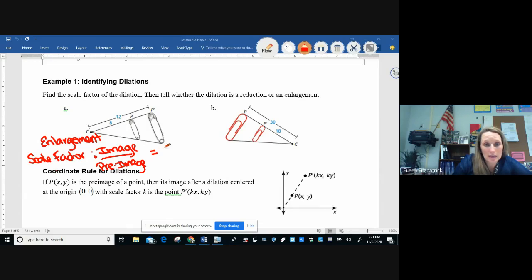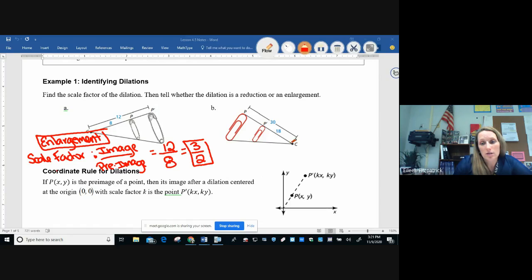That distance is 8. Oh, sorry. That's not my image. The distance from the center to the image, the P prime, excuse me, is my image. So that's 12. And the pre-image, the original, the distance from the center to the pre-image is 8. And we'll simplify our scale factor to get 3 over 2. So your scale factor is 3 over 2, and it is an enlargement.